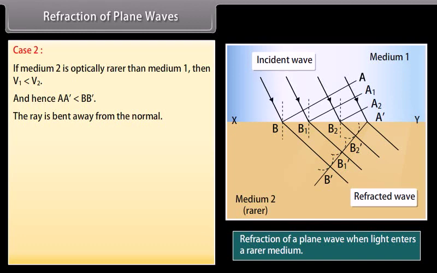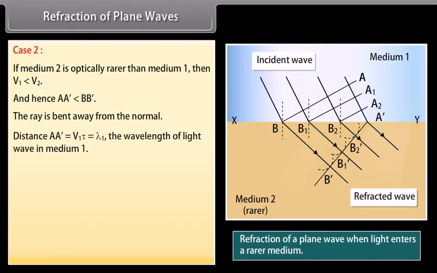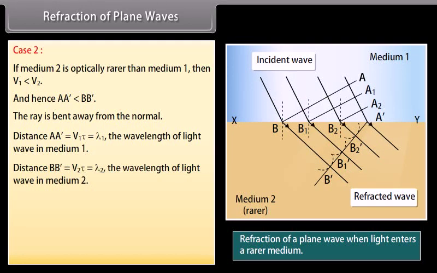The ray is bent away from the normal. Distance AA' is equal to v1 t is equal to lambda 1, the wavelength of light wave in medium 1. Distance BB' is equal to v2 t is equal to lambda 2, the wavelength of light wave in medium 2.